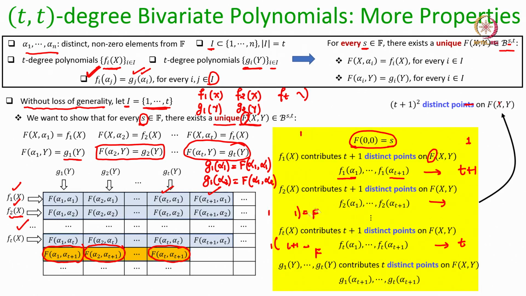It turns out that through all these constraints, we have three different types of constraints. One constraint is imposed by the constant term, namely we want the constant term of that unknown bivariate polynomial to be the value s, and because of the constraints imposed by the x univariate polynomials, we have t into t plus 1 distinct points.